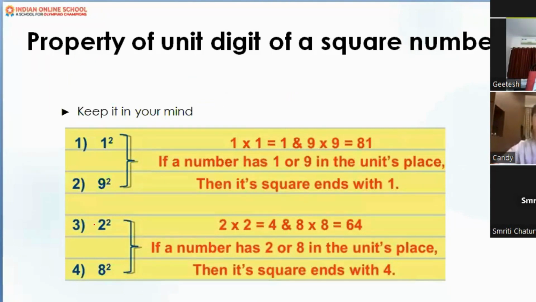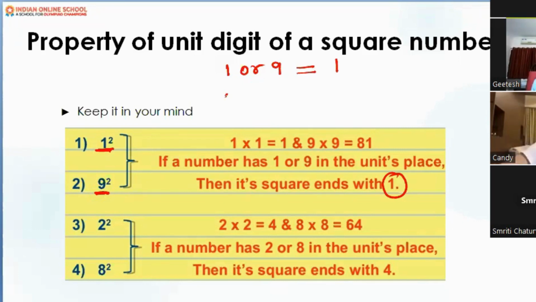Okay. So now some properties are also there that we can keep in our mind when we are solving perfect squares or squaring things. Whenever a number ends with 1 or 9, its square will always end with 1. The last digit of the square has to be 1 only.